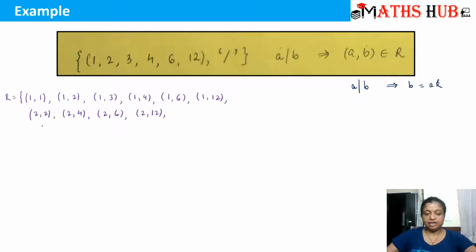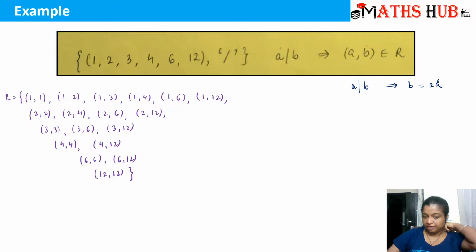With 3 we will have 3,3, 3 divides 6 and 3 divides 12. Then with 4 we have 4 divides 4, 4 divides 12. And with 6 we'll have 6 divides 6, 6 divides 12, and then finally 12 divides 12. So these are all the elements in the relation.